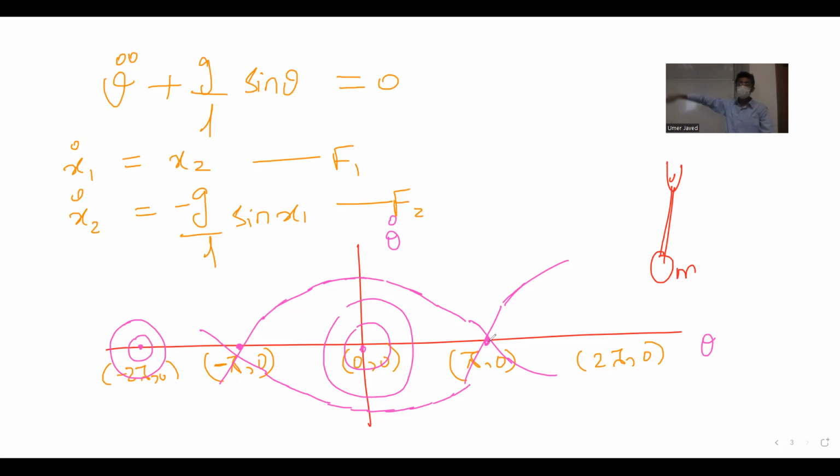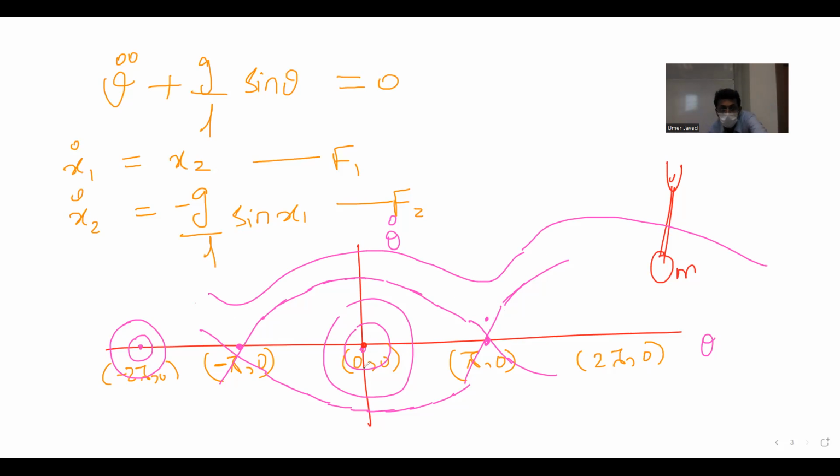Then what will happen is that the bob will keep on taking circles for the rest of its life. You take the bob here, you give it an initial condition, a push, and then this is what happens. It will keep on taking circles, like creating waves.